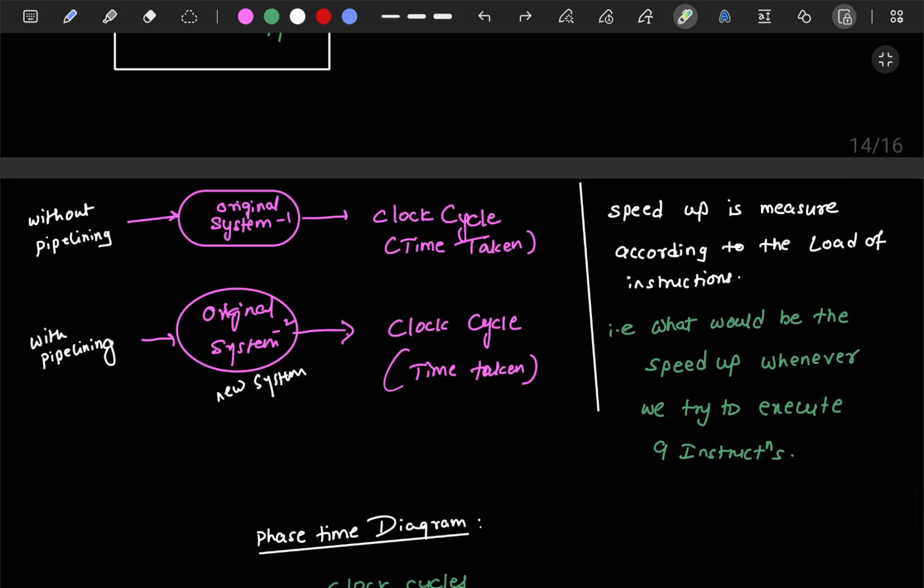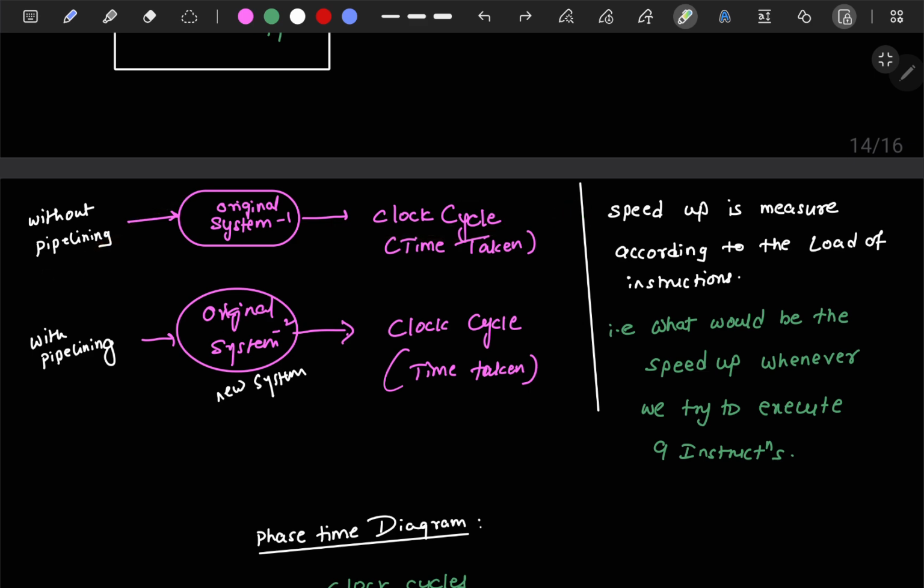What we are doing is taking one original system and executing it without pipelining, and we will see how much time it is taking, or what would be the clock cycles required to execute that original system without pipelining. Then we will note down that measurement.